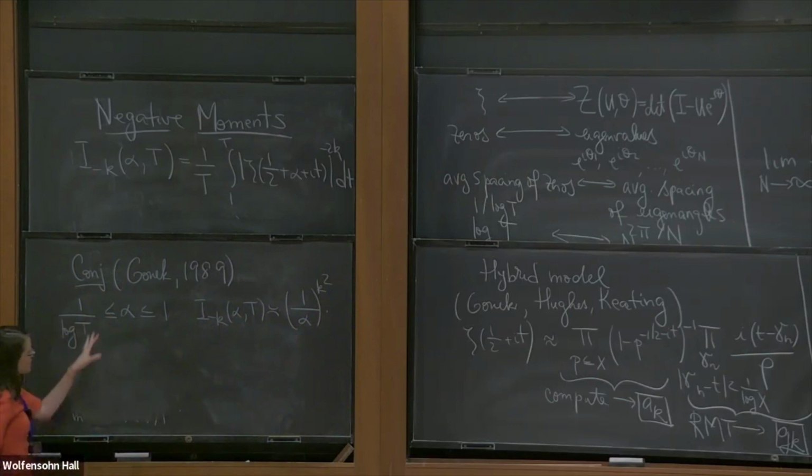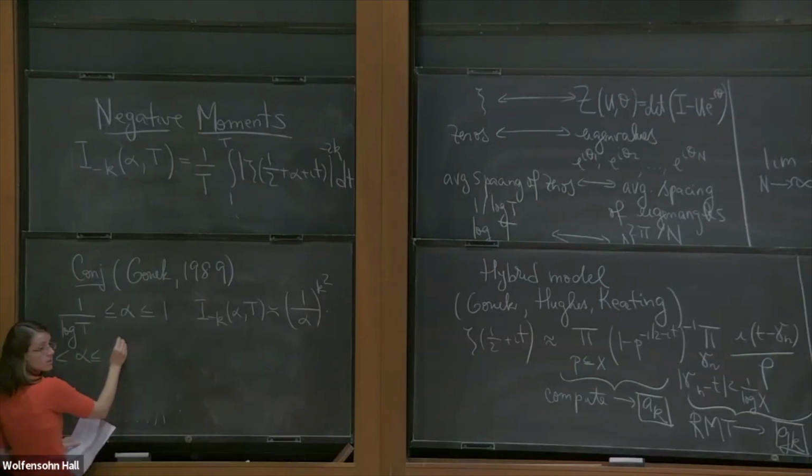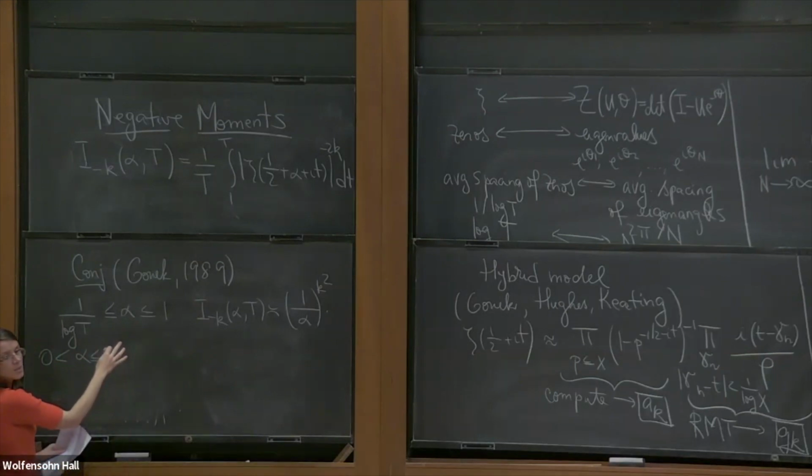So this part of the conjecture is somewhat well understood. But now when alpha gets smaller and smaller, it may be less well understood. So Gonek stated his conjecture in the following way. Now if alpha is positive, you mean alpha is less than half? It's half plus alpha.